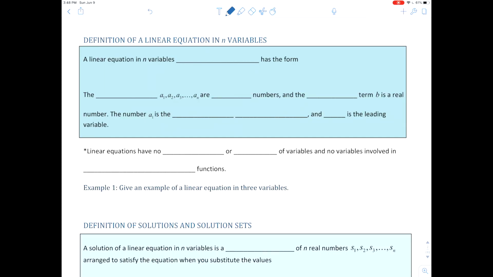We're going to take a look at some definitions, or two definitions. So the first one is a definition of a linear equation in n variables, right? You have likely been used to dealing with x, y, z, w, right? Well, we could have n equals 100, meaning we could have 100 different variables.